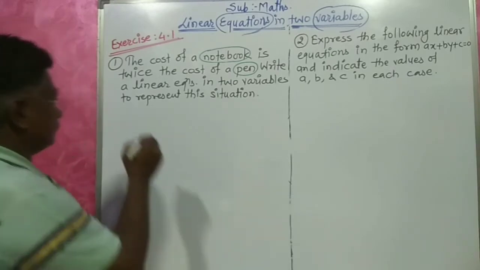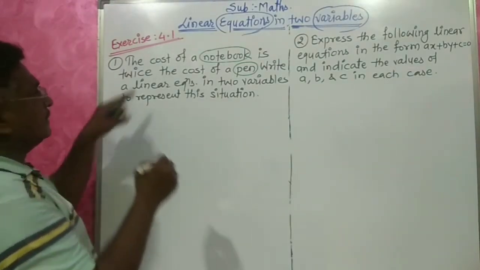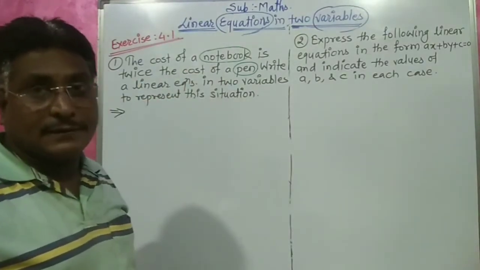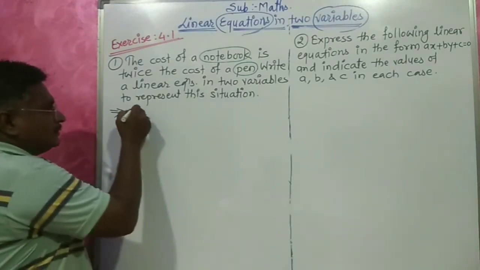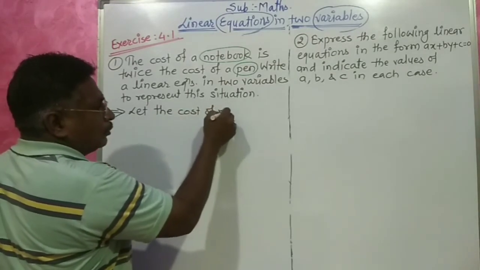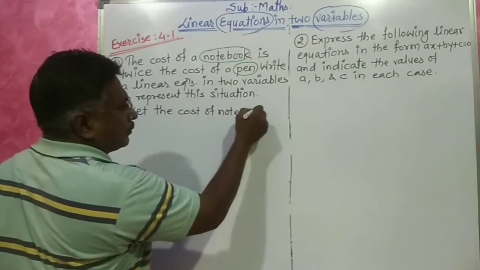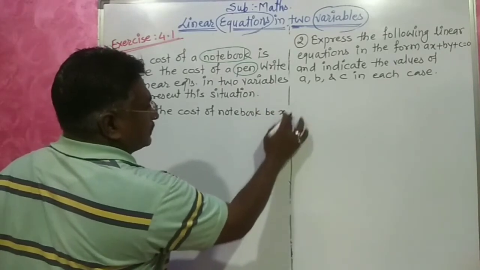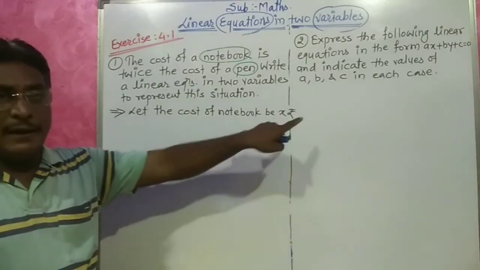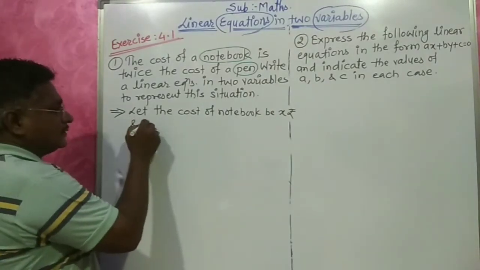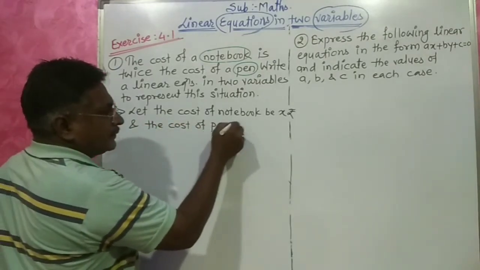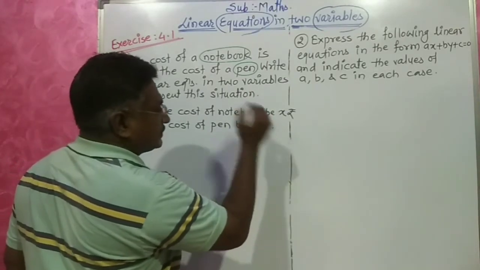So how to write? What is given? The cost of a notebook is twice the cost of a pen. So let the cost of notebook be x rupees and the cost of pen be y rupees.